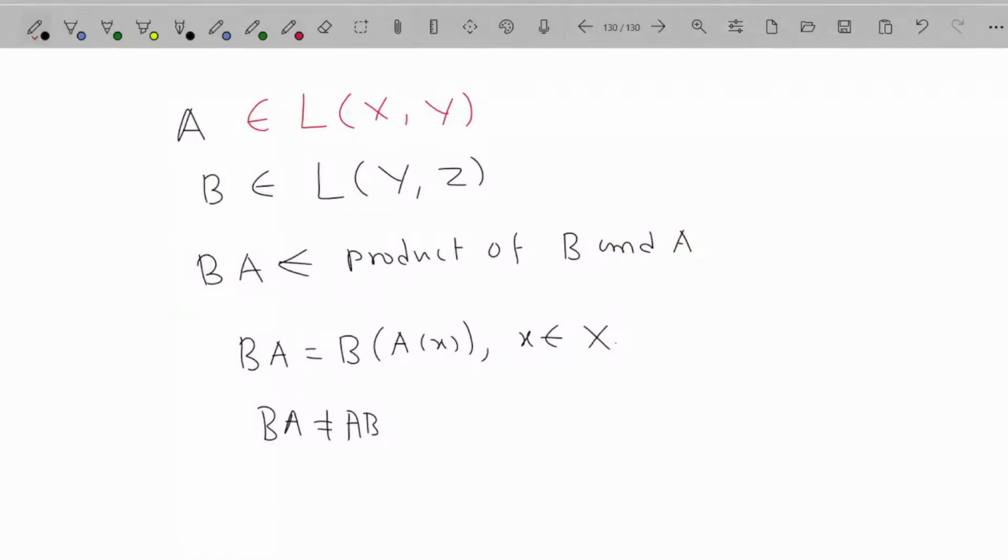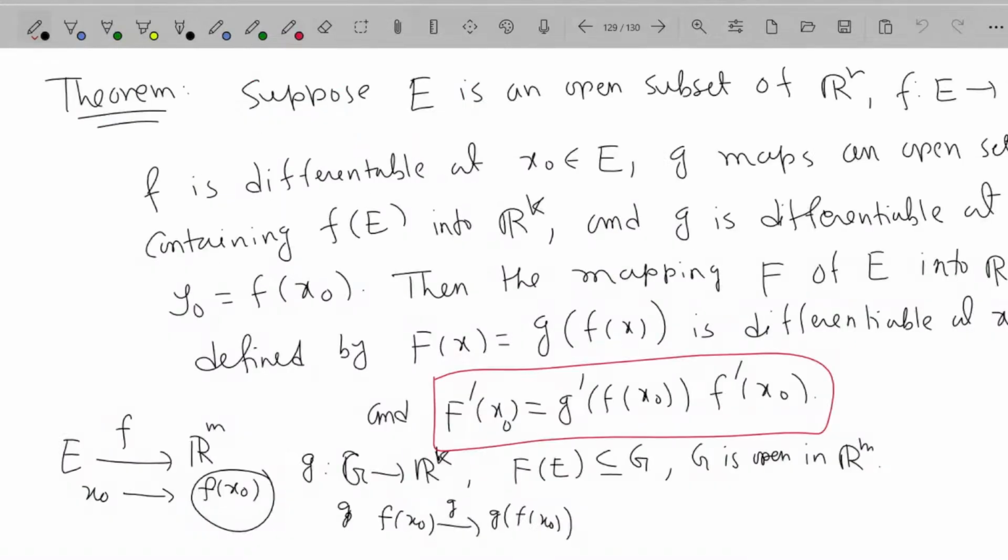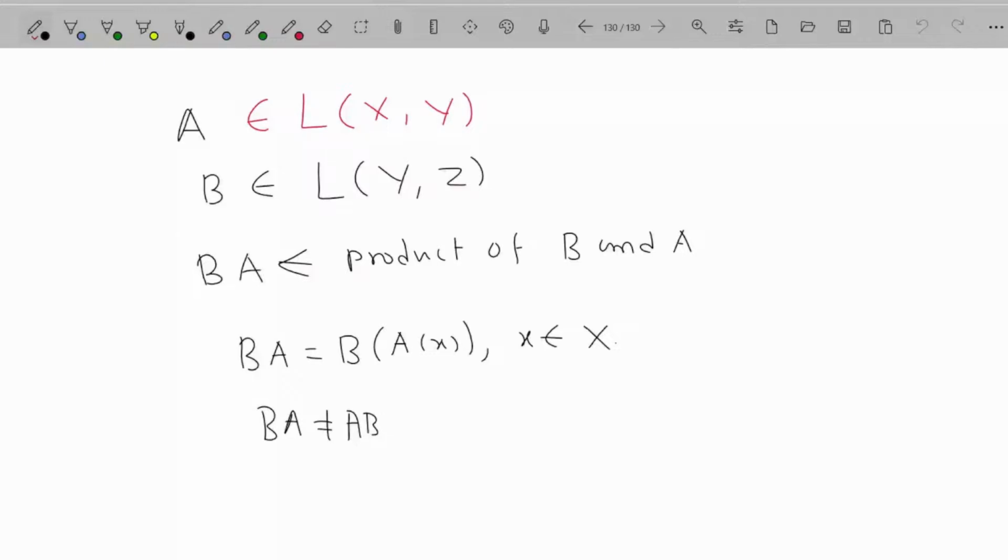Okay. Let's see whether it makes sense over here or not. So we have g dash f of x naught into f dash x naught. F dash x naught is a mapping from where to where? F dash x naught is a mapping from Rn to Rm, correct?